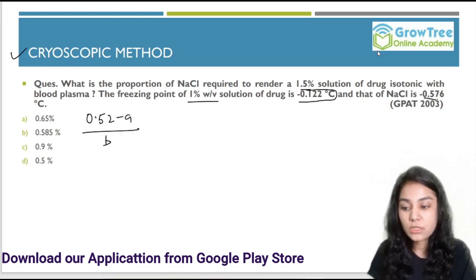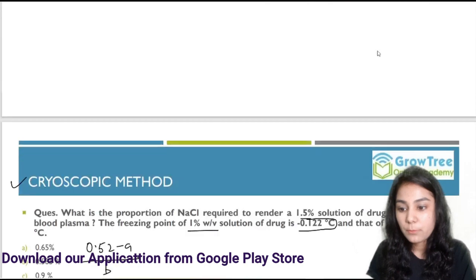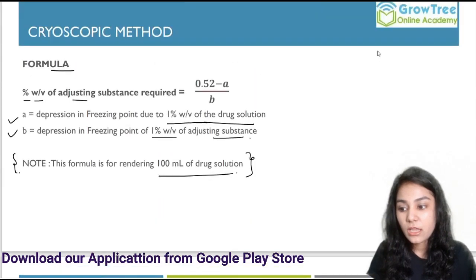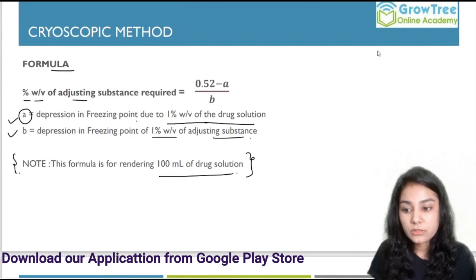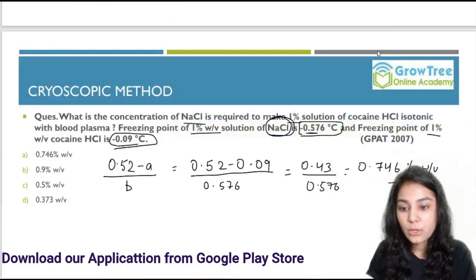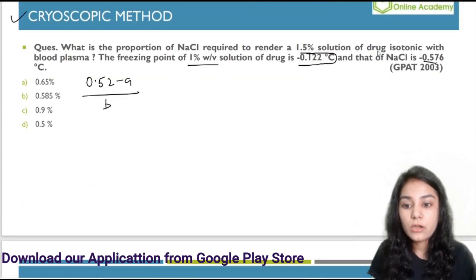But if you had noticed the formula in the previous slide, here A was for depression in freezing point due to 1% weight by volume of drug solution. But in the question we have to calculate it for 1.5% drug solution.